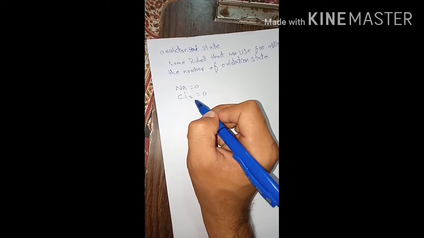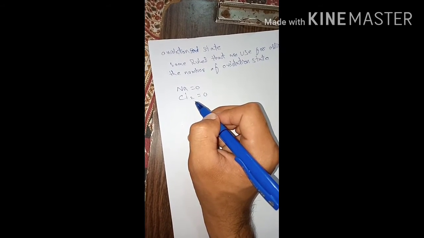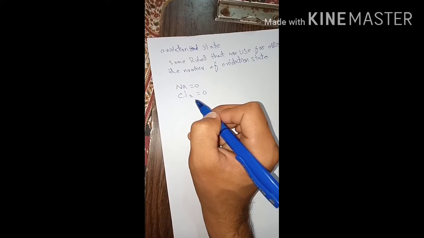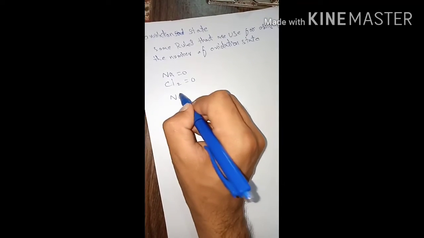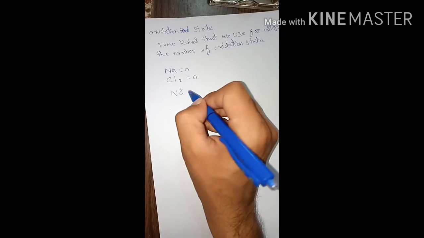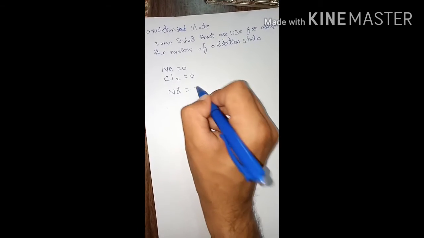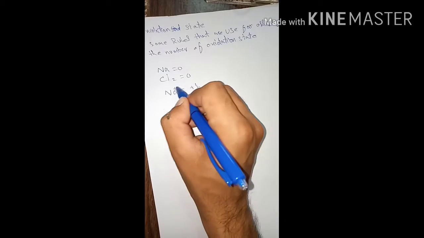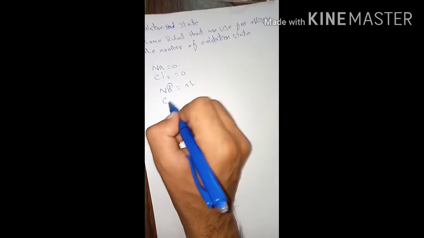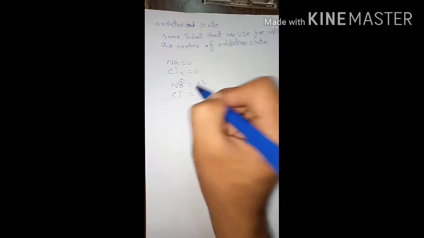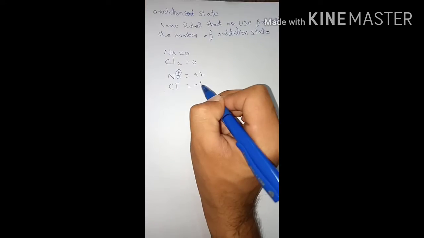The second one is that monatomic ions have an oxidation state equal to their charge. Like sodium carries a positive charge, so it carries +1 oxidation state because it carries a +1 charge. Chlorine carries a negative charge, so it carries -1 oxidation state.